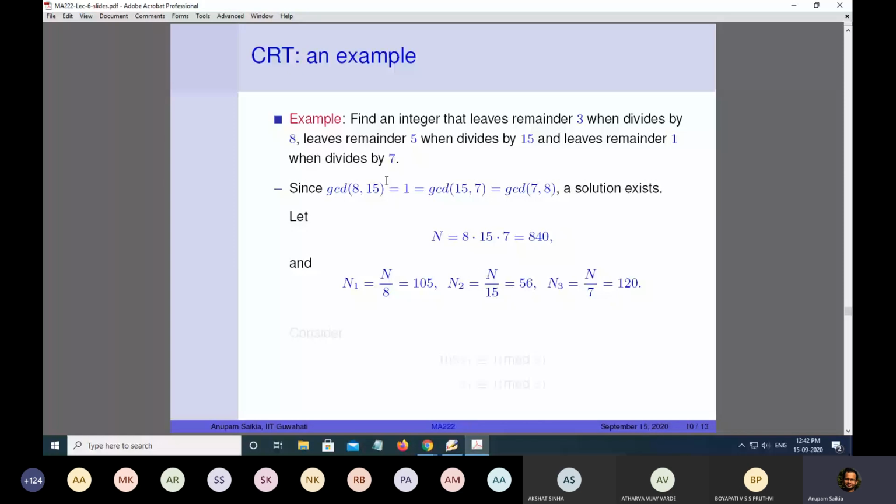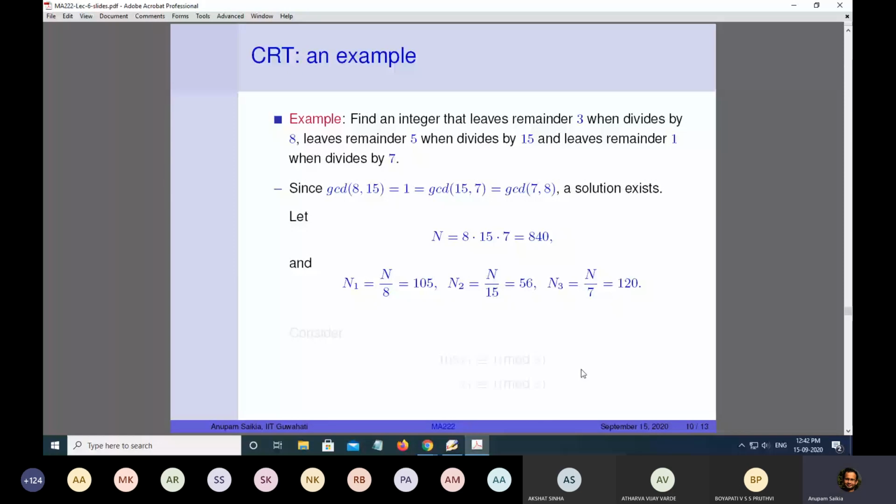Then you have to take N1. N1 should be the product of the other two, so N1 is the product of 15 and 7. N2 is the product of 8 and 7. And N3 is the product of 15 and 8. Capital N1 is like small n1, N2, N3. So you find this.